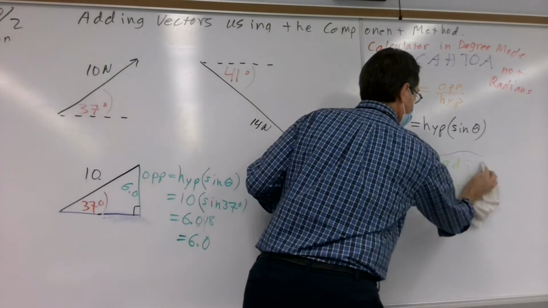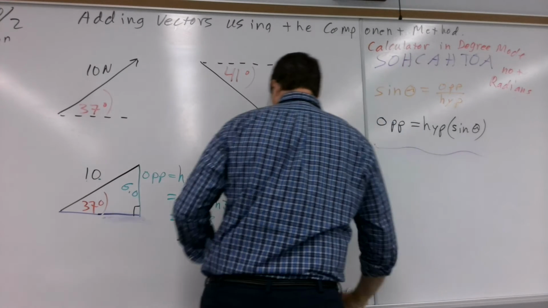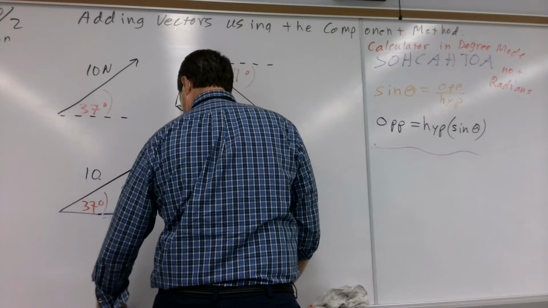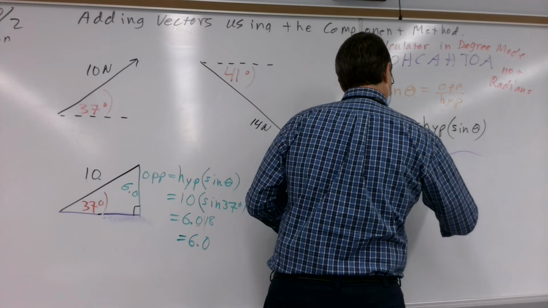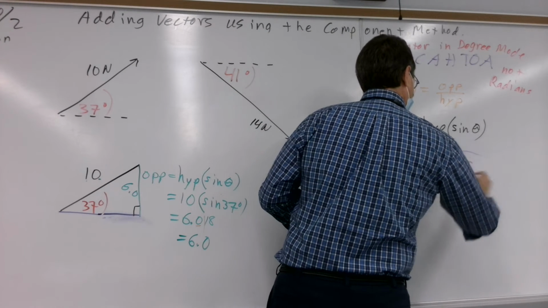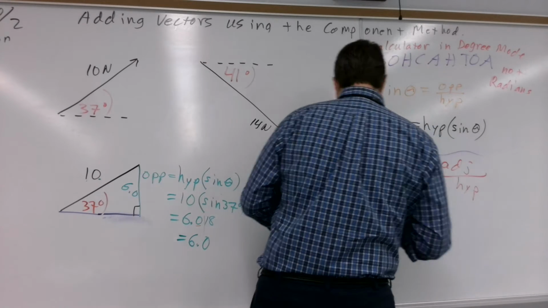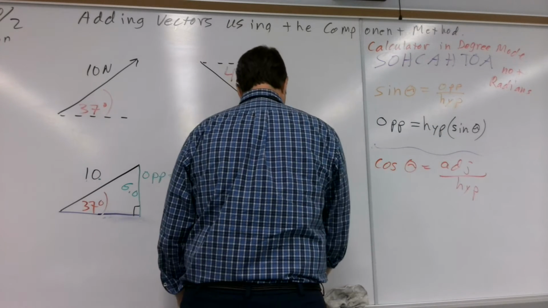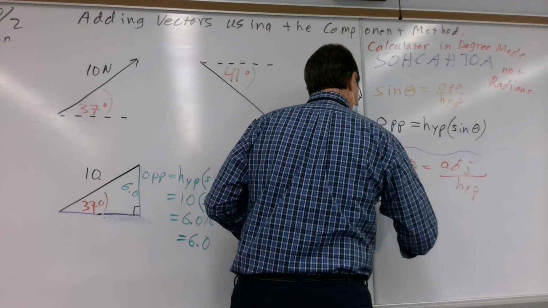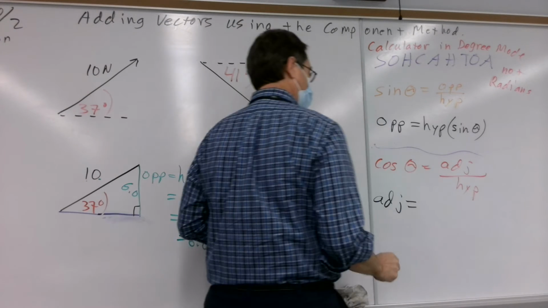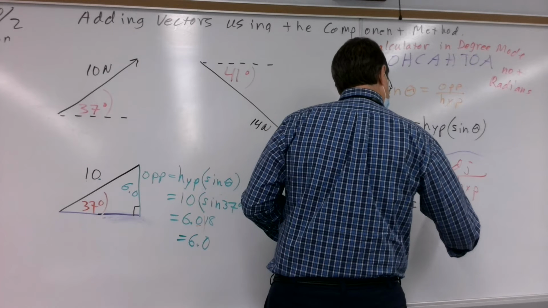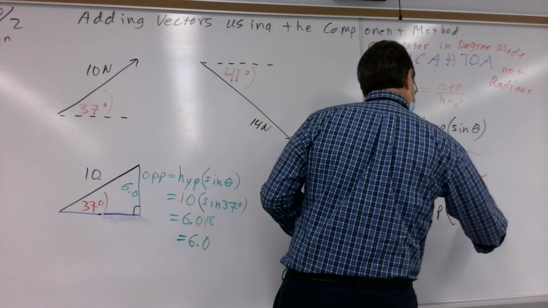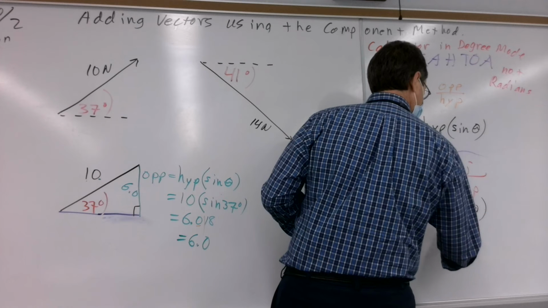Can't make that out on the screen, so I'm going to do something darker here. It is cosine theta equals adjacent side over the hypotenuse. But again, now what do I want to rework this into? I want adjacent, right? What does that equal? Hypotenuse times the cosine of theta. Is that right?